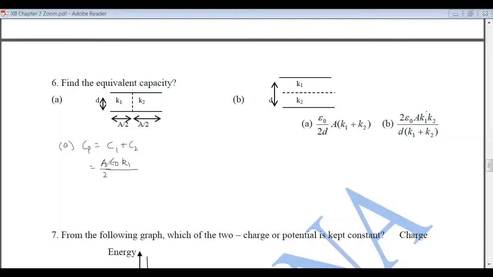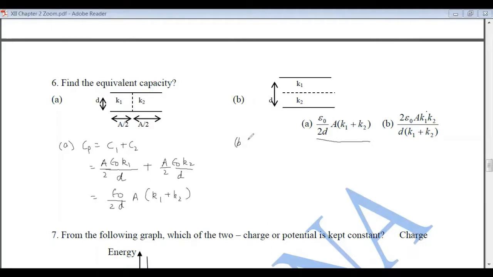So it is A by 2, K1 into epsilon naught, and the separation distance between the two plates is D. Similarly, C2 is equal to area A by 2, epsilon naught K2 upon D. So taking epsilon naught upon 2D and A outside, what do we get? Epsilon naught A upon 2D into K1 plus K2 is the answer of the A figure.